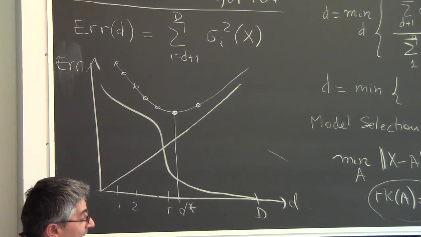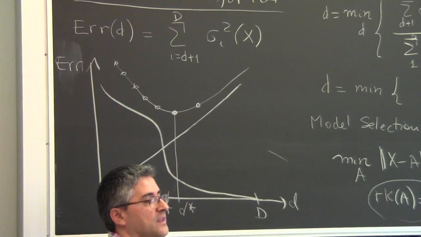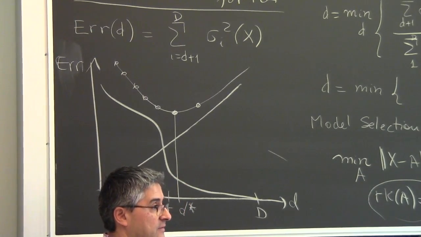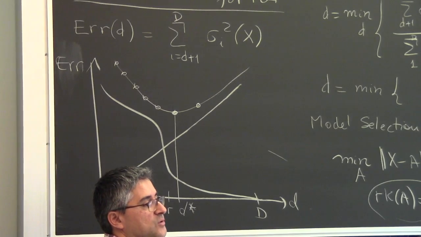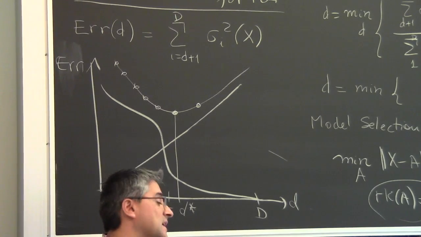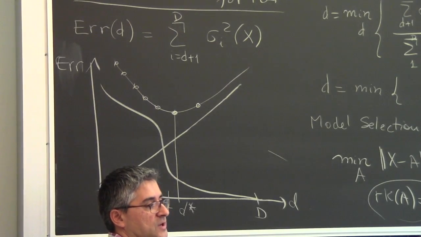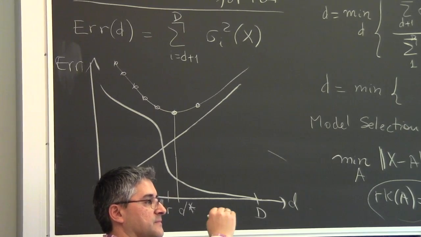So, as a consequence, the reason why that tau should grow with the amount of noise, right? If there was no noise, any reasonable threshold would do the job. In fact, a threshold of 0, I could just say, look at the singular values of the matrices, the ones that are non-zero, those are the ones that you keep. But as you add more and more noise, you need to move up your threshold, right?